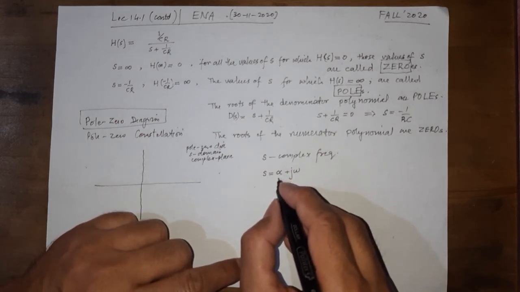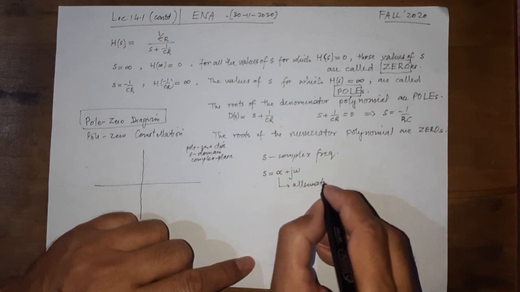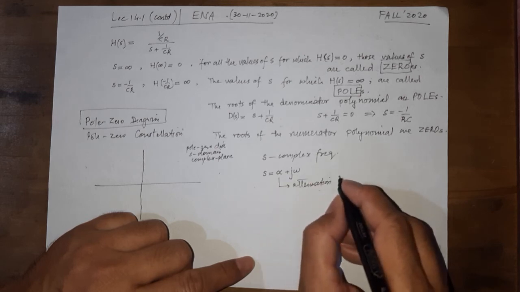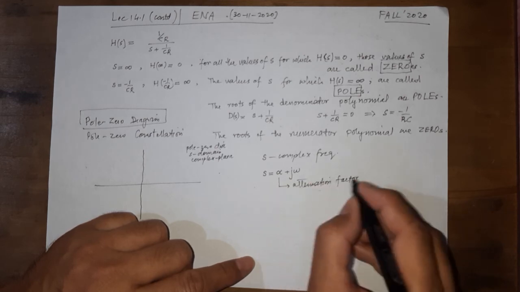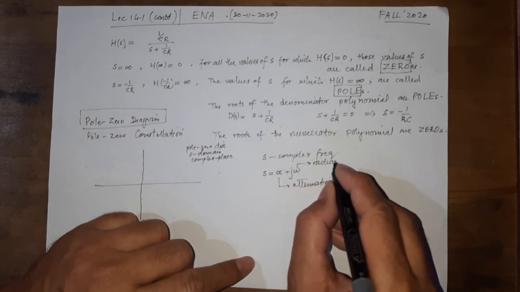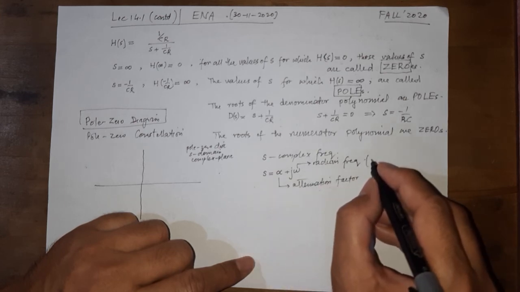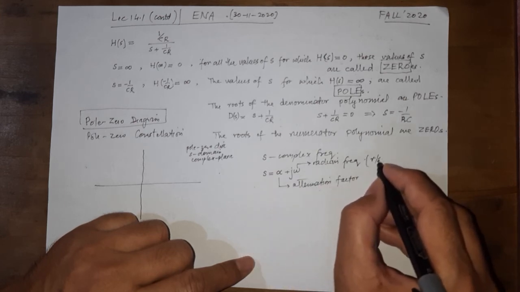This is the attenuation factor, and this is the radian frequency with units in radian per second.